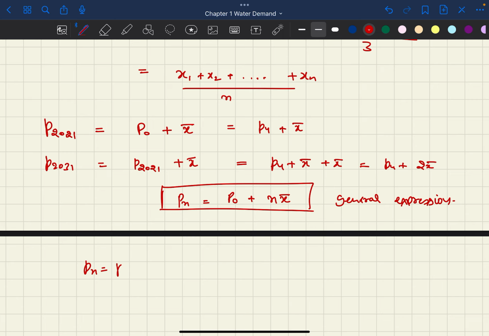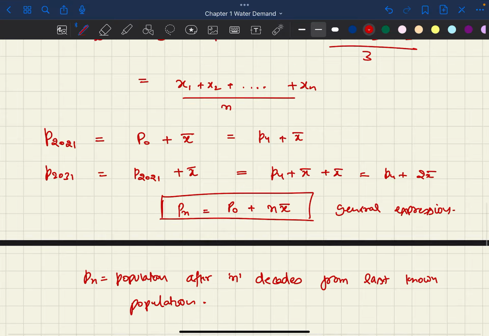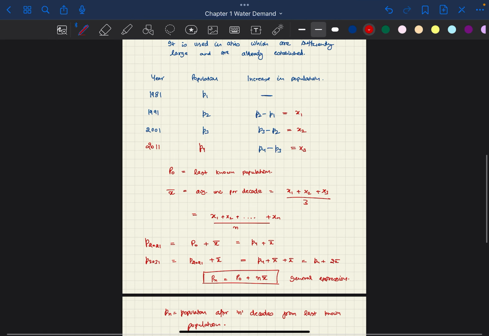So this is going to be the general formula, general expression. Pn is equal to population after n decades from last known population. So what is important in this?